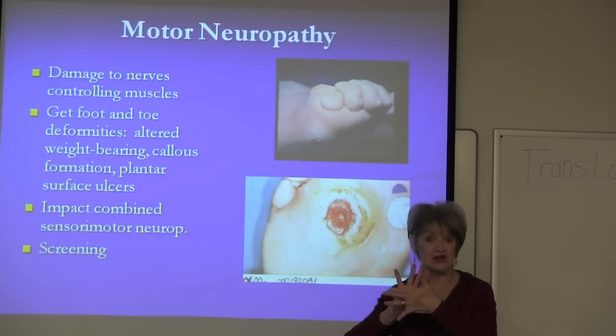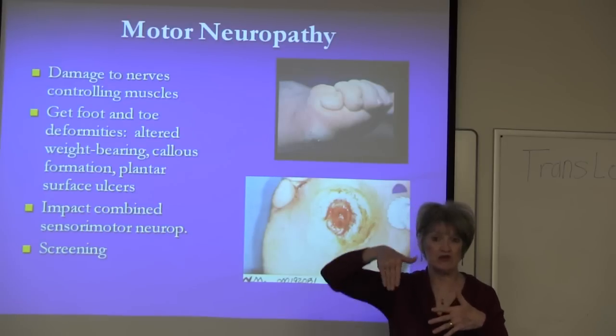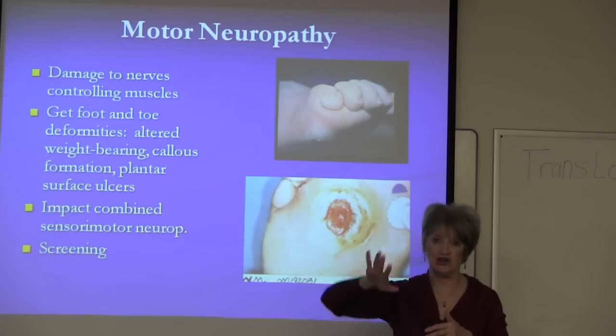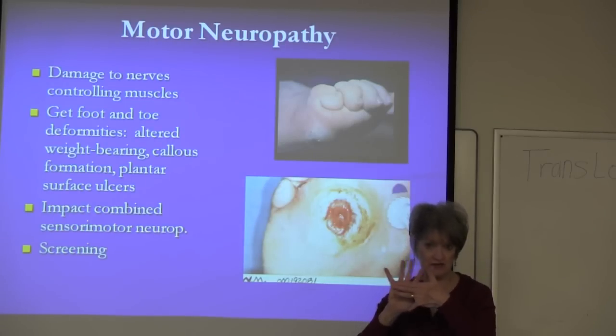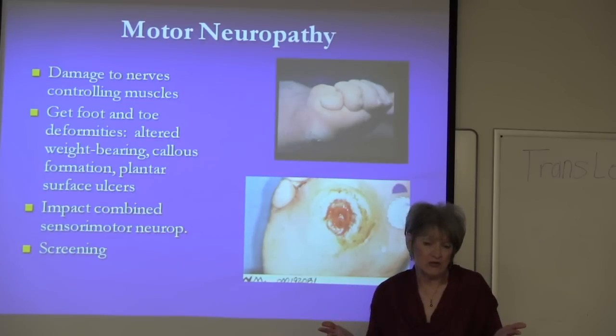The first sign that you're getting increased trauma over the met heads is callus formation, because you think about when you walk, you get shear and friction, but normally you're protected because you've got those fat pads over your metatarsal heads, plus you know what's going on with your feet.